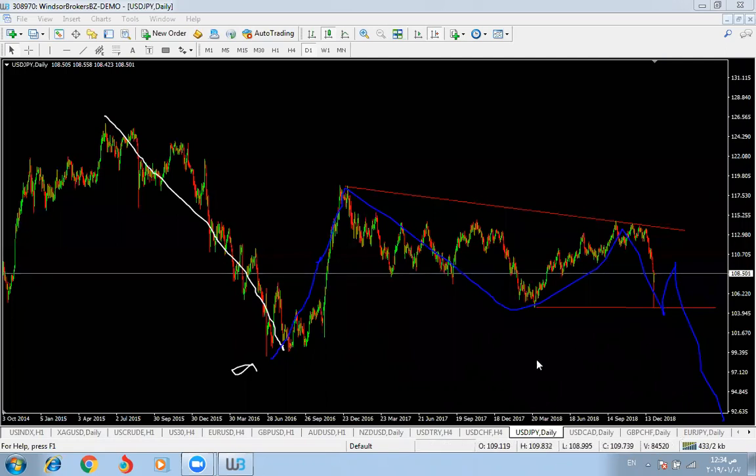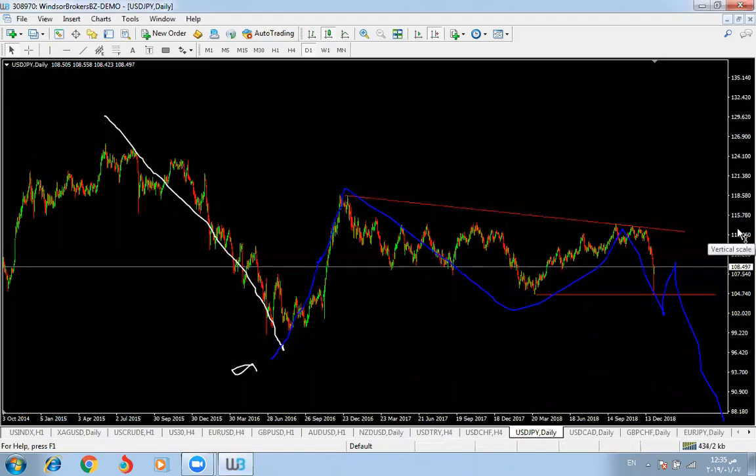So we are very bearish for the dollar against the yen. We are expecting the price to go to lower prices, around the 88 area. I am giving you the long run trades, the long run swings. So your mission is to find a proper entry point for yourself and try to ride the markets.